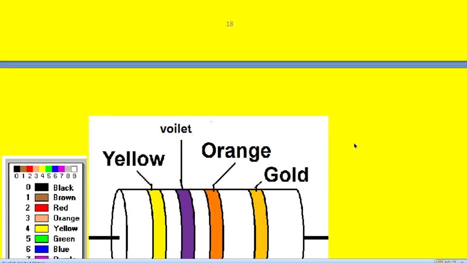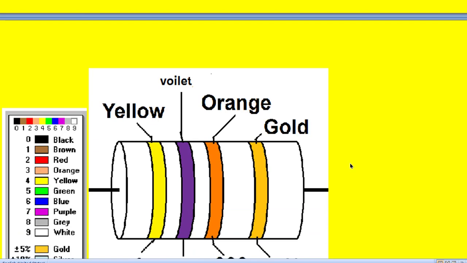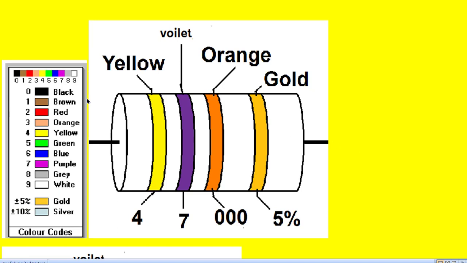And as I said, for carbon resistors, to know the resistance value we should know the code system. There are totally 10 colors: black, brown, red, orange, yellow, green, blue, purple (also called violet), gray, and white.